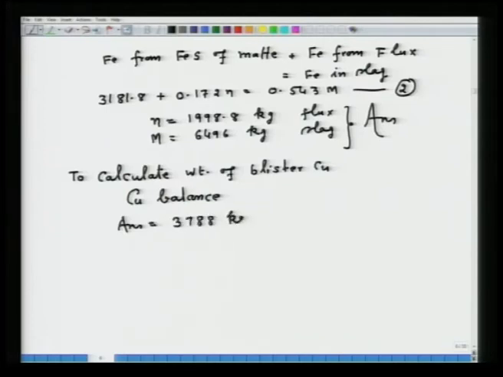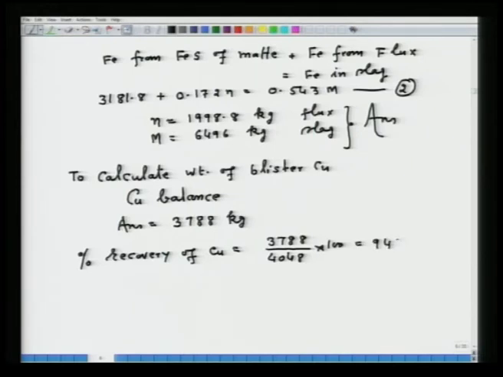I think you can do this copper balance because I have done it in several other problems. The percentage recovery of copper is equal to 3788 upon the total copper in the system, 4048, into 100. So, that is equal to 94% copper recovery.